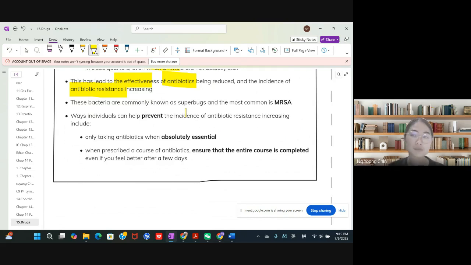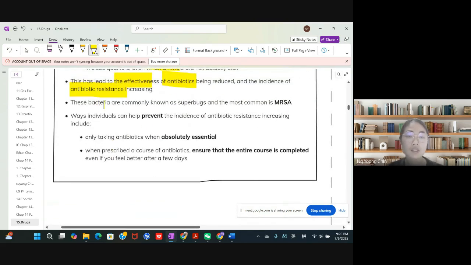For example, you have something very simple like coughing or sneezing, and you want to use antibiotic to treat your infection, but the antibiotic is unable to treat it because the bacteria growing inside your body have already developed resistance towards the antibiotic.